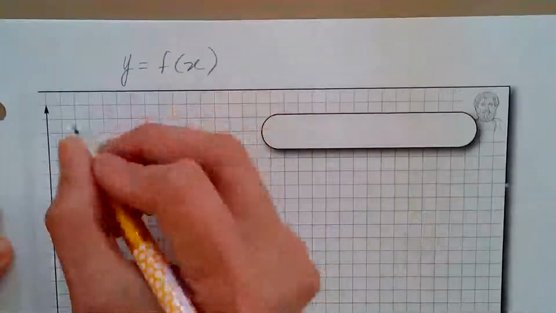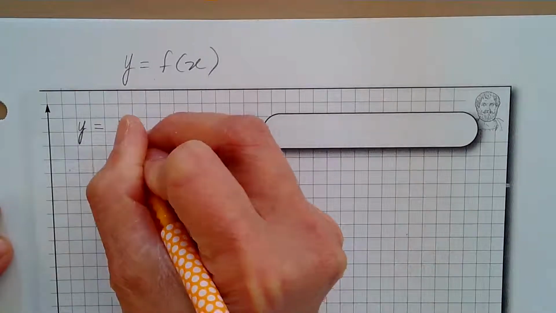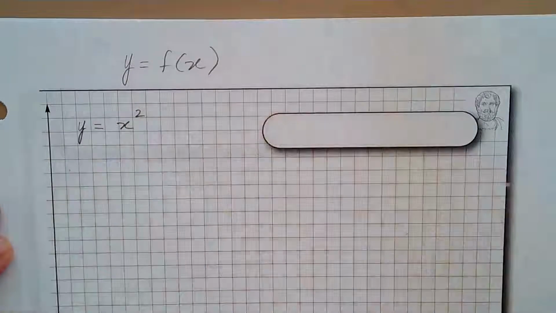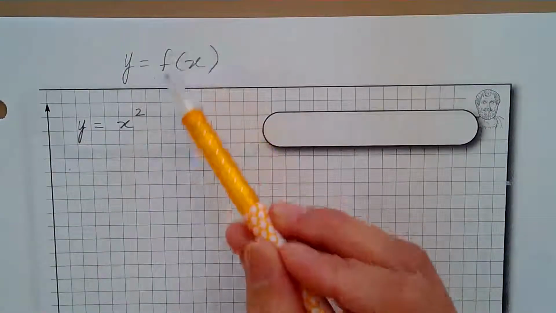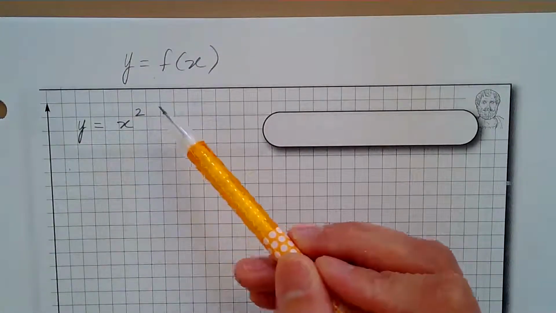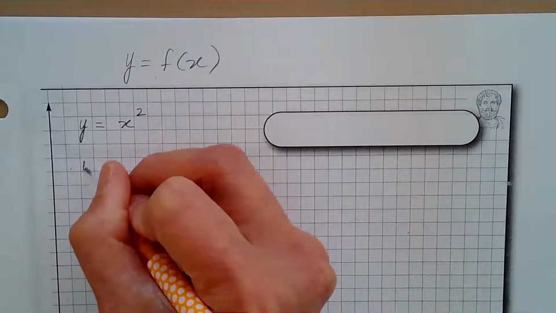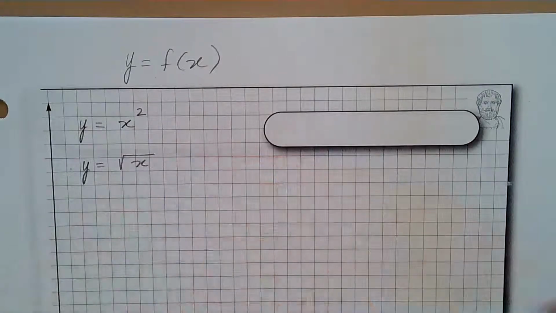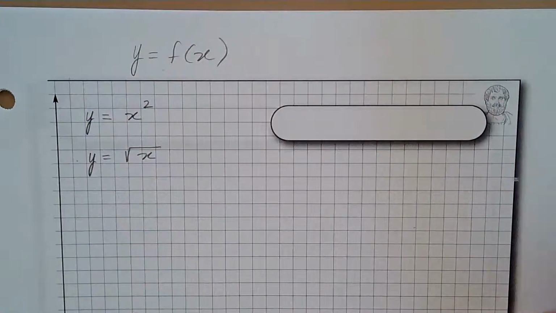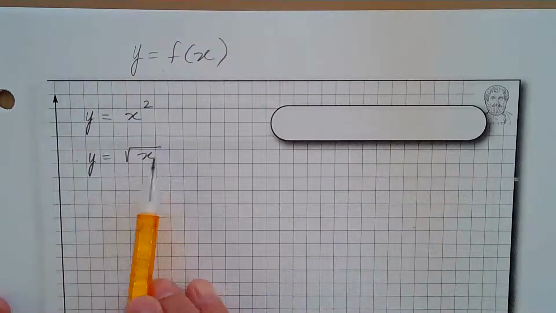So I'm going to start with y equals x squared. So f of x is your x squared. What if you have y equals the square root of x?